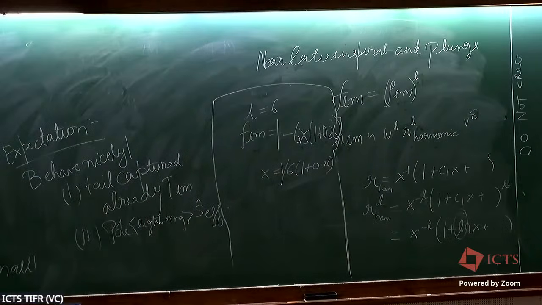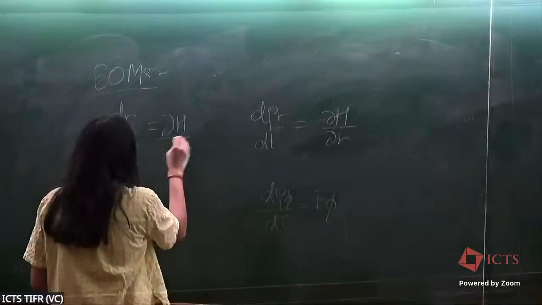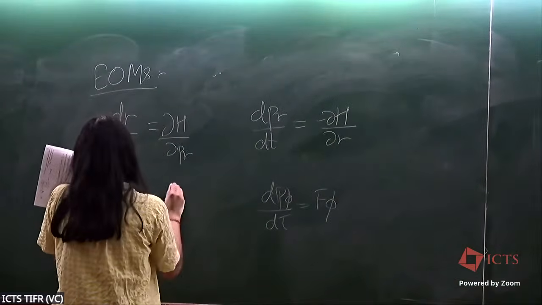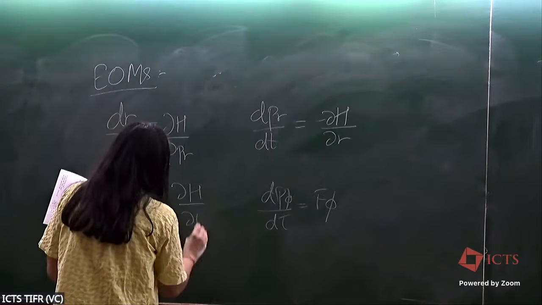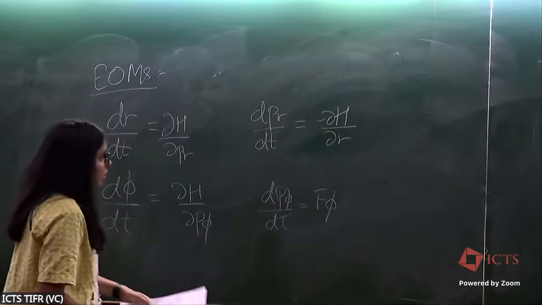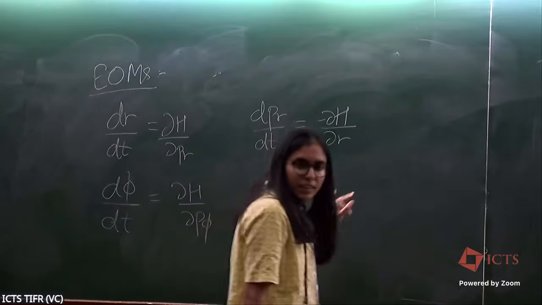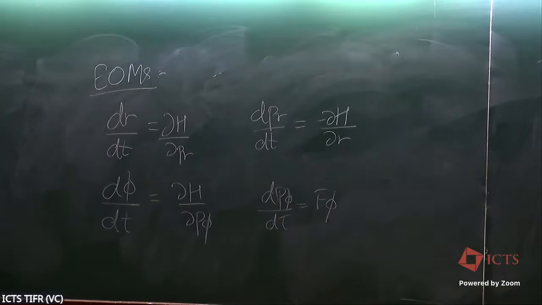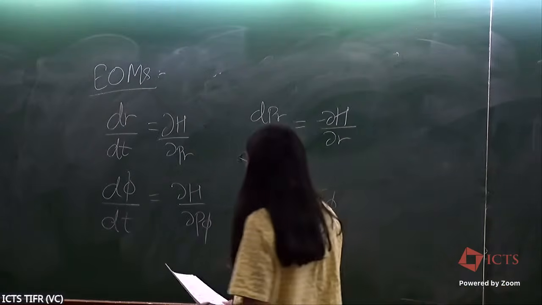Okay, so the equations of motion are the following. So basically now we have F_phi. In the equations of motion, we also initially had f of r, but we said for circular orbits, f of r is irrelevant and we can ignore it.